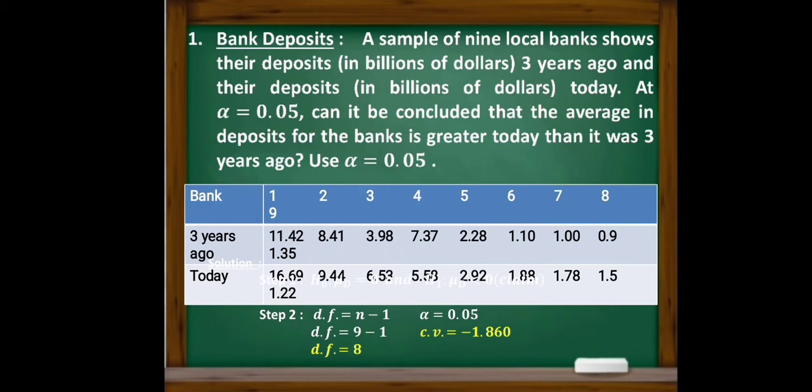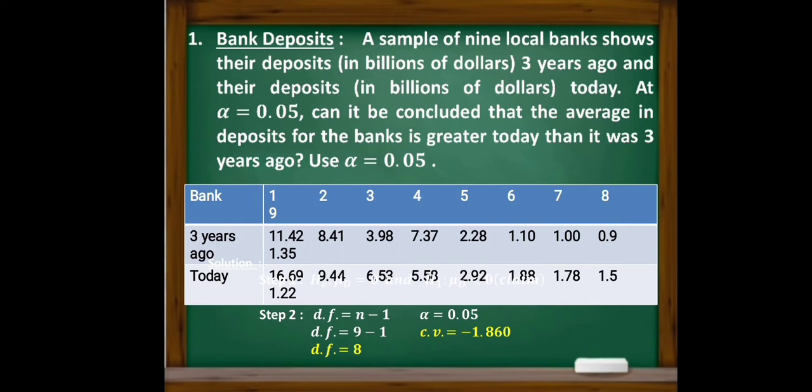Find the critical value. In getting the DF, or known as degrees of freedom, the formula is n minus 1. Since we have 9 banks, DF equals 9 minus 1, then the degrees of freedom is 8.